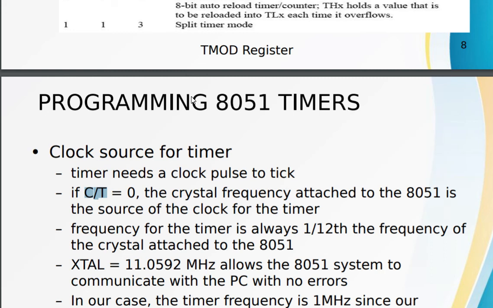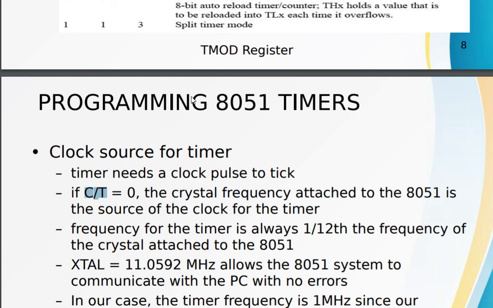There is a separate circuit containing a crystal, and this crystal generates the frequency, and the frequency used is always 1/12 of the frequency of the crystal attached to the 8051. So you have to remember 1/12. The frequency generated by the crystal is automatically divided by 12.